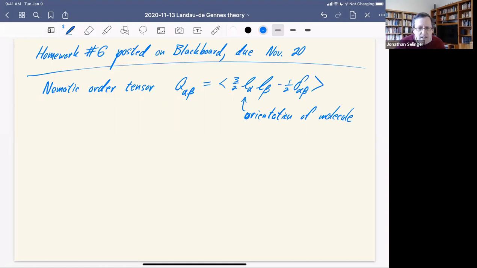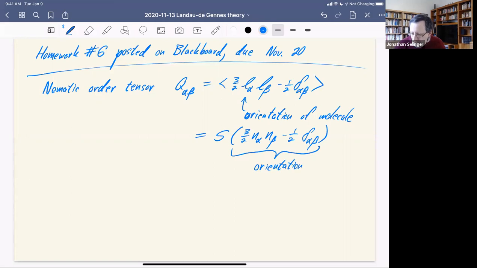What we get from doing this average is a tensor order parameter, which can be interpreted as a scalar S times a combination 3/2 N alpha N beta minus a half delta alpha beta, where this describes the orientation of the nematic phase, and this S is the average of the P2 of cosine theta.